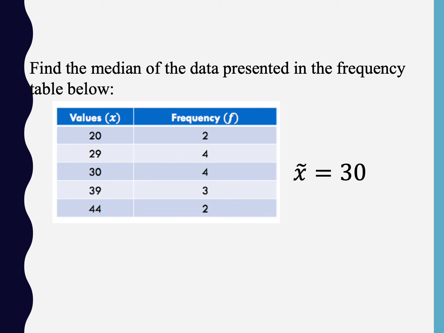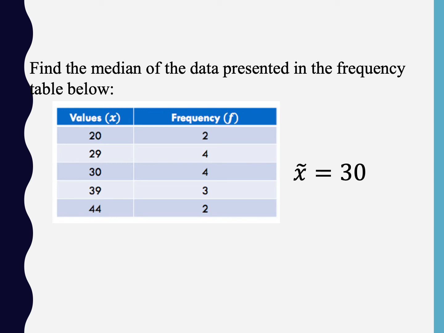Notice that the total frequency here in the example is 15. So, taking the median of 15 is 7.5. Now, you have to check at what frequency you will get the 7.5 data.